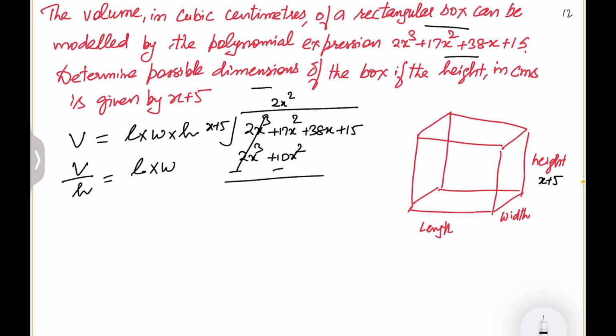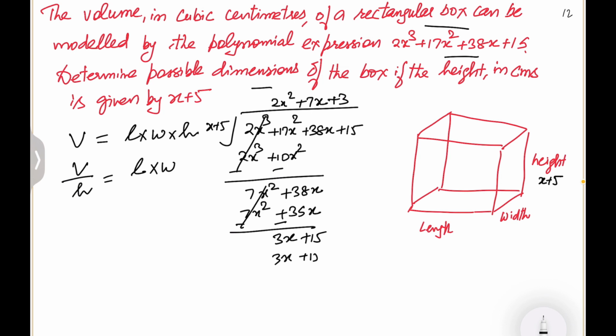Taking the difference, we have 7x squared, bringing the other term down. Now the next term in the quotient is 7x. So it becomes 7x squared plus 35x. Taking the difference, we have 3x. The next term is 15, so the next quotient term is 3. So we have 3x plus 15. Both cancel, and the remainder is 0.